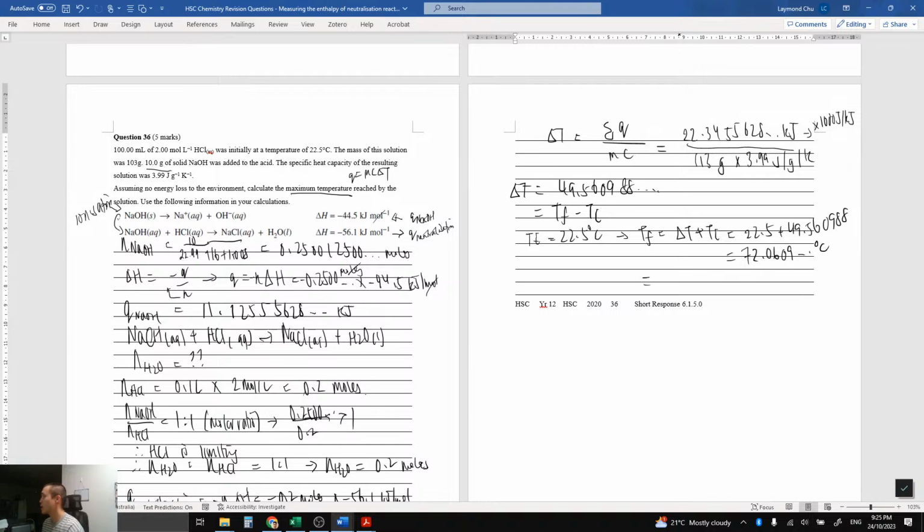And now we want to round that off to three significant figures, so 72.1 degrees Celsius. Okay, so that is our max temperature.